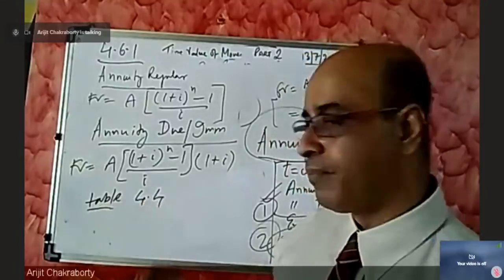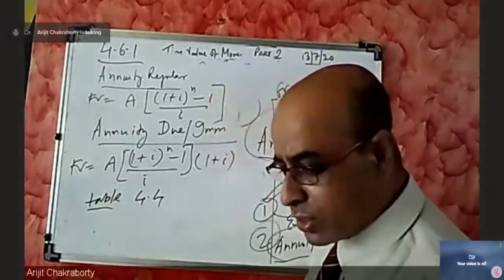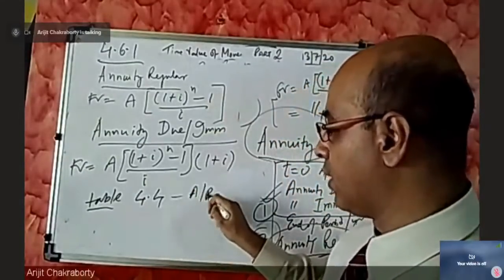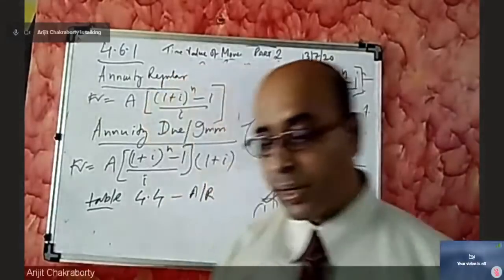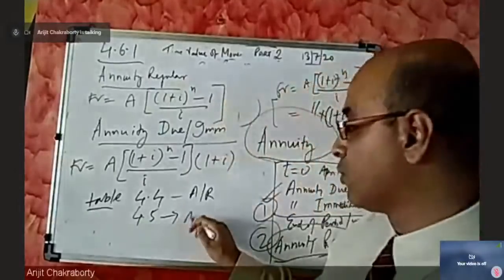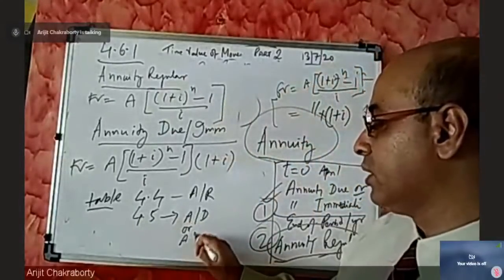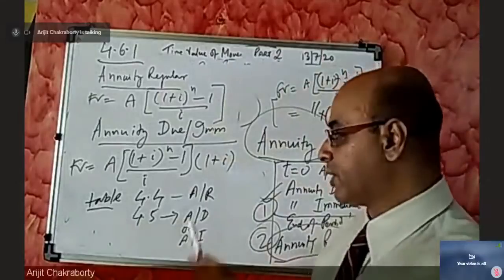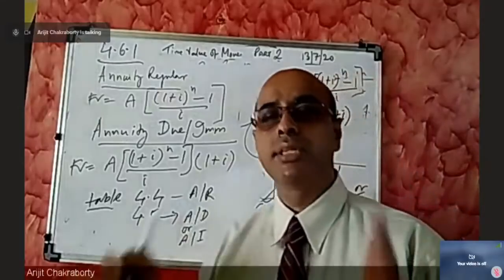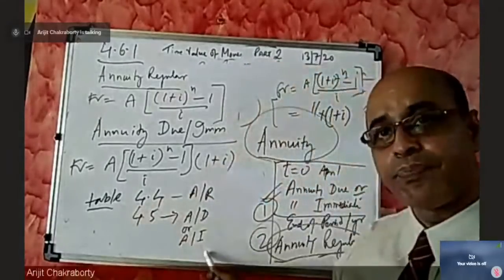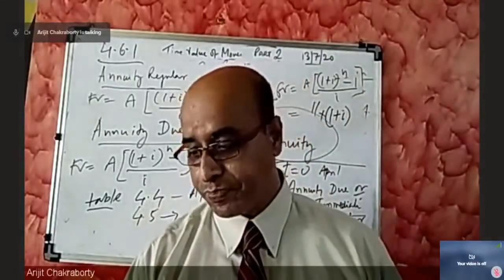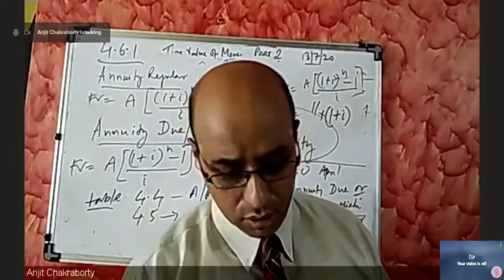Table 4.4 in the study material gives an example of annuity regular, and table 4.5 gives an example of annuity due or annuity immediate. So annuity regular is AR, annuity due is AD, or the other name is annuity immediate, AI. These are the two types of annuities. And I've also talked about future value.